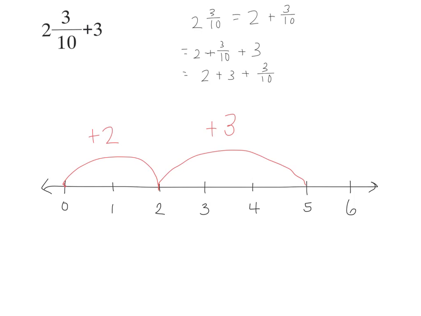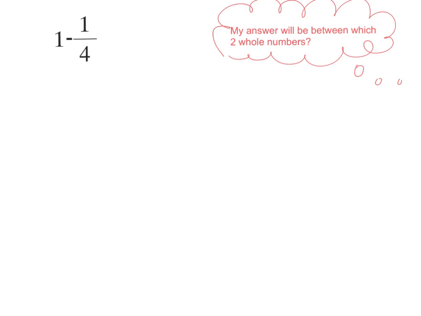Next I need to add 3/10. So that means I need to split up this section between 5 and 6 into how many sections? 10. Good. And then how many of those do I need to move? 3. So this is plus 3/10. So my answer would be right here, and it would be 5 and 3/10.